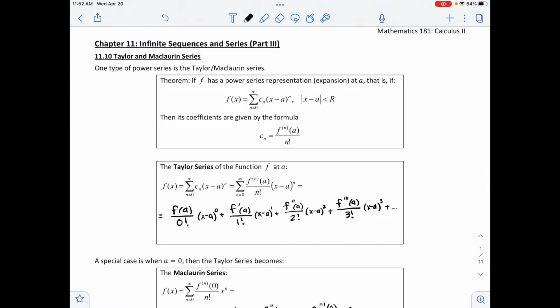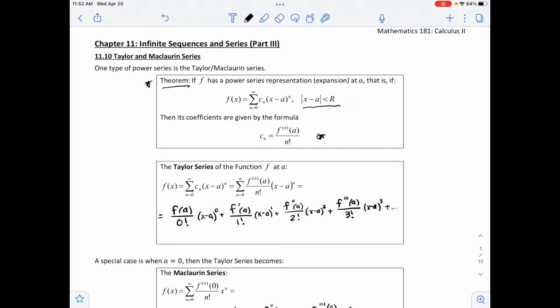So we have a theorem, and our theorem says if f has a power series representation, or expansion, at a, that is, if f of x equals the sum from n equals 0 to infinity of c sub n times x minus a to the nth power, where the absolute value of x minus a is less than r, then its coefficients are given by the formula c sub n is equal to f to the nth, and that's a derivative.